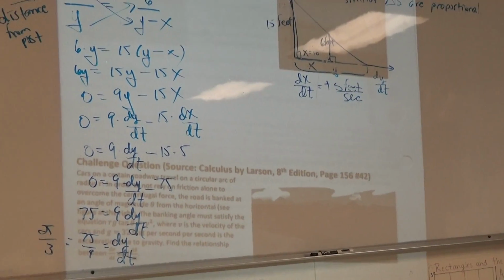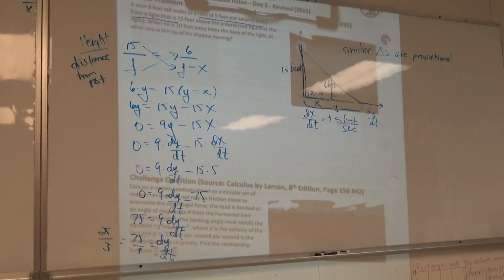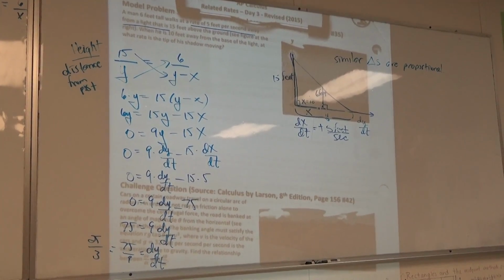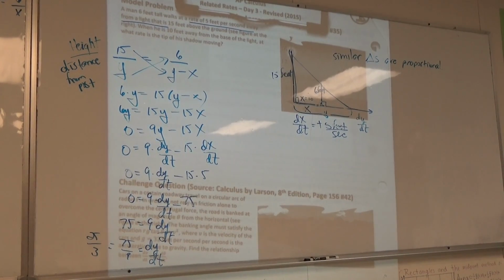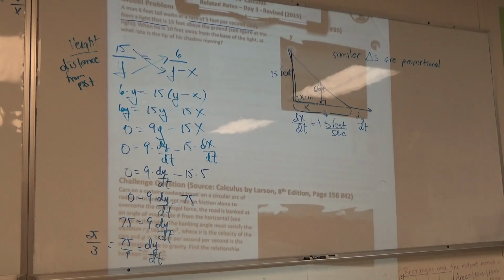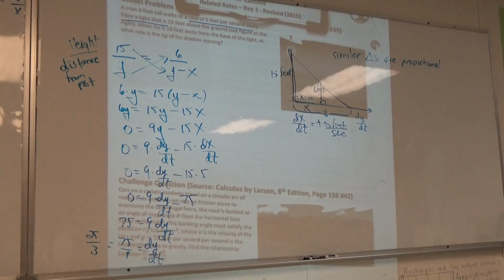If all goes well, dy/dt, you're going to get 75 over 9. Maybe you reduce that to 25 over 3. I want the sentence. What is the sentence? That sentence.